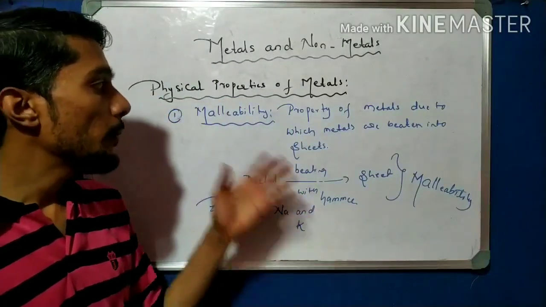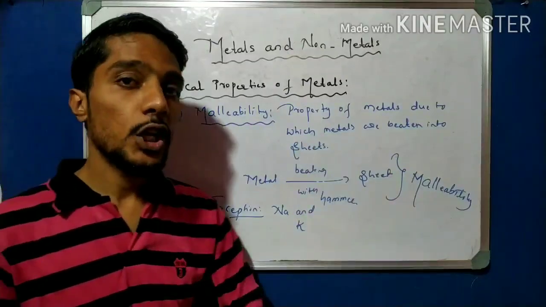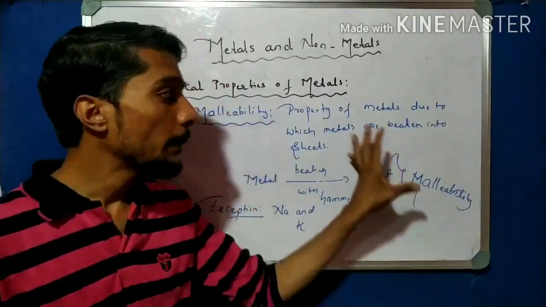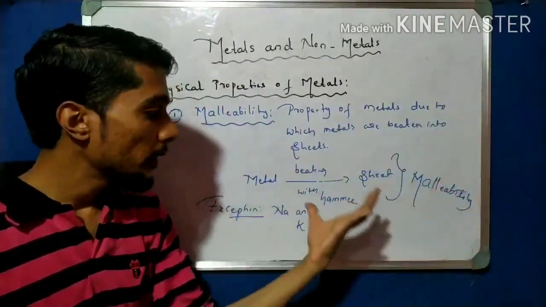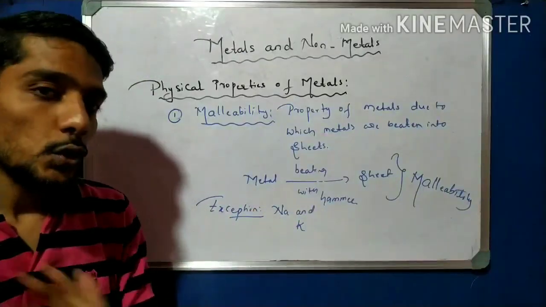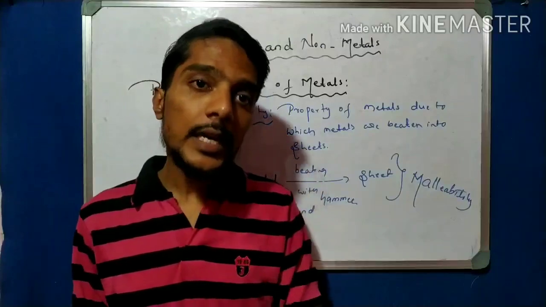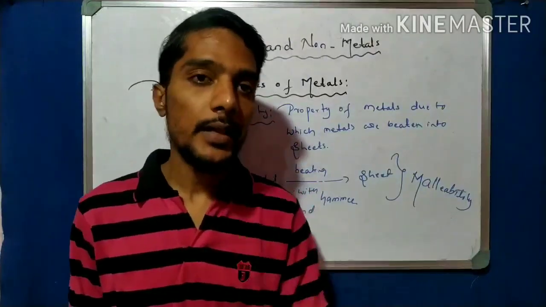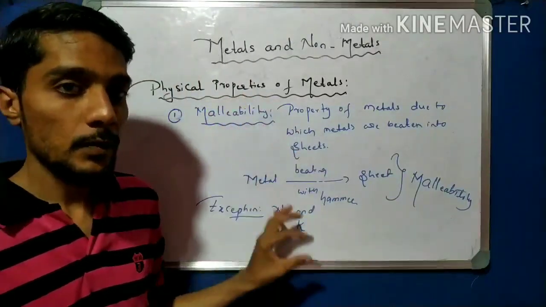So malleability is the property of metals by which they are beaten into sheets, except sodium and potassium. Sodium and potassium are considered metals, but they do not follow this property. That is a very important point.